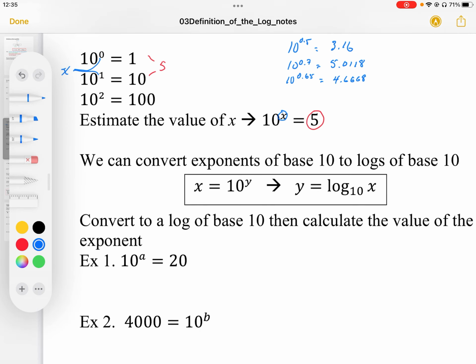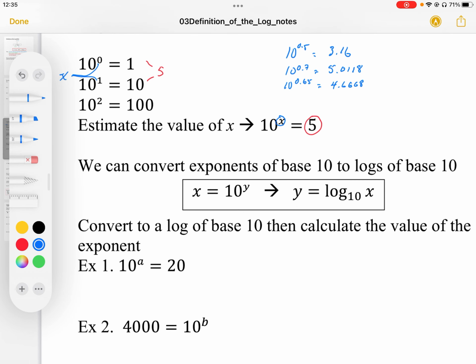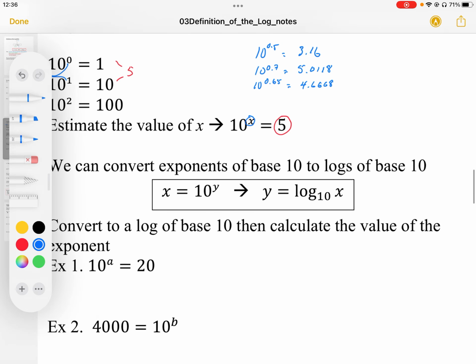Now, we can do this. This is essentially logs when we're solving for the exponent, but we can actually solve for the exponent in the log form. So we can use our definition of our log, which is what we have over here. We can use this definition and convert this into its log form.